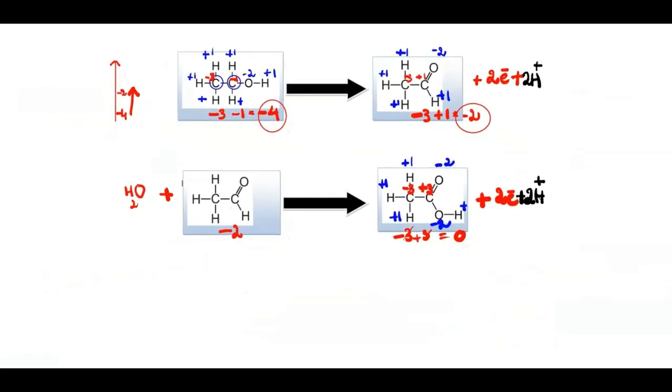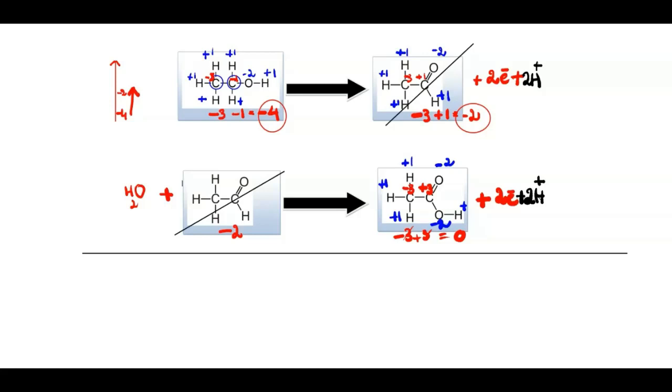Now we have the half equation, which is basically the oxidation half equation. When we add them together, this is cancelled out, and we just add them together.